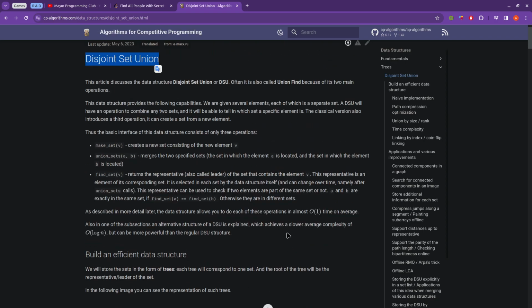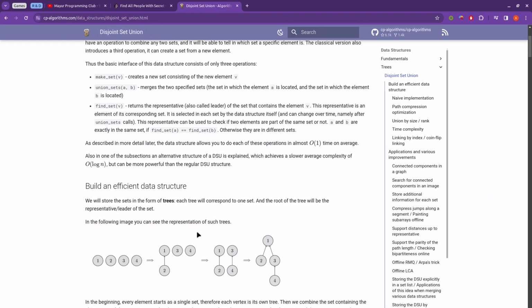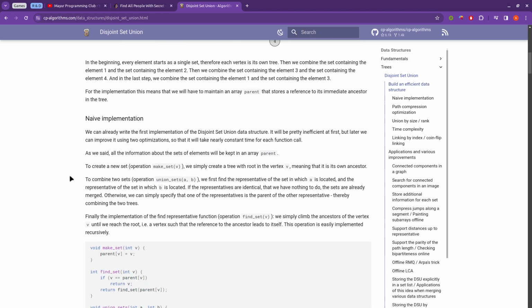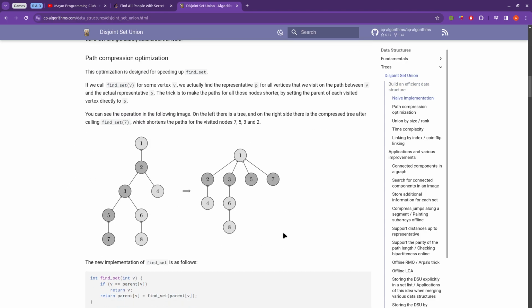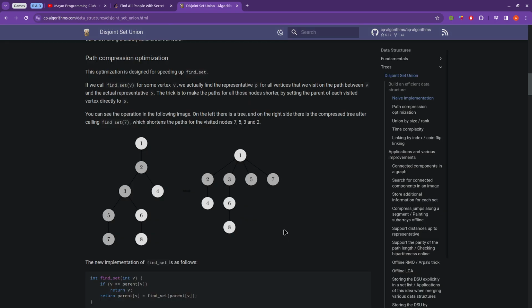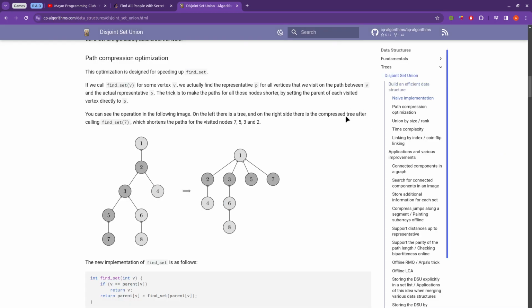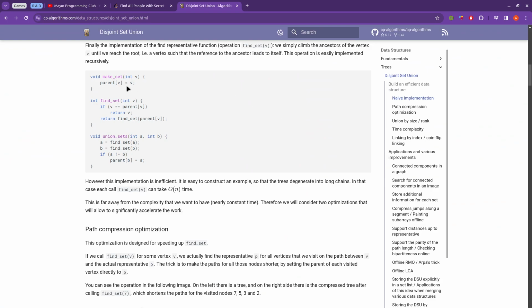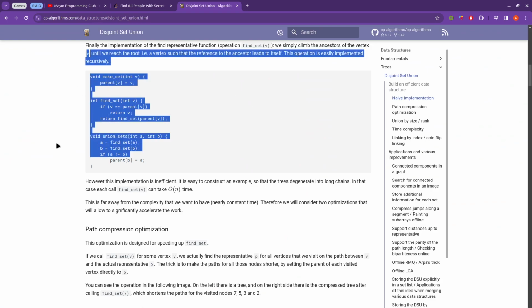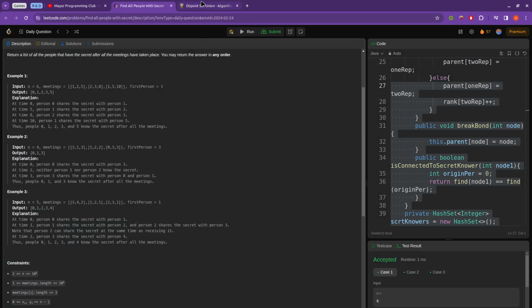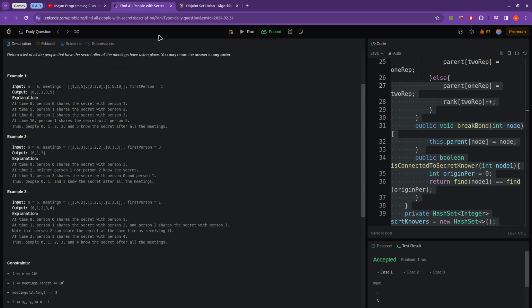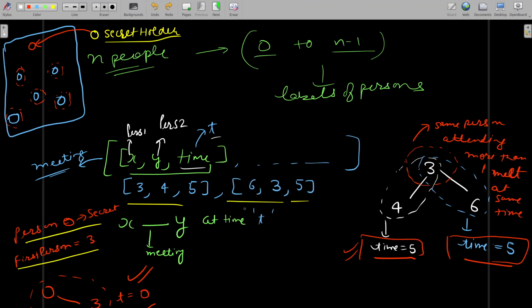You can definitely check it out, and there you will be able to see the whole implementation and optimizations that are there in disjoint set union. So I will highly encourage you, if you do not have any prior knowledge of disjoint set union, to head over to this article and read it. Okay, and with that done, we will move towards our approach.